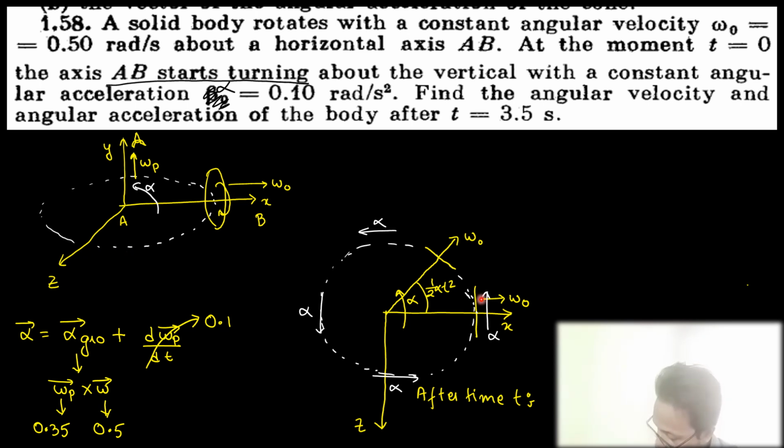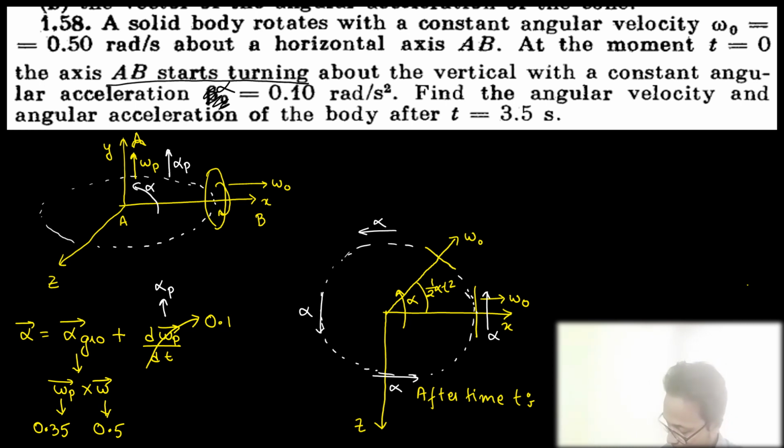So one thing you notice here is that the gyroscopic acceleration is always perpendicular to the rate of change of this precession velocity. The rate of change of precession velocity, or alpha p, will always be along this direction.